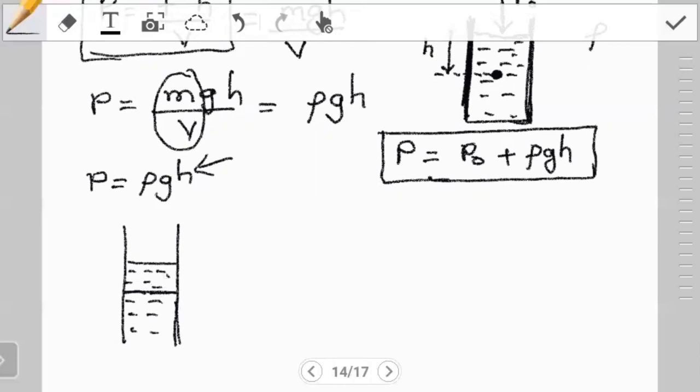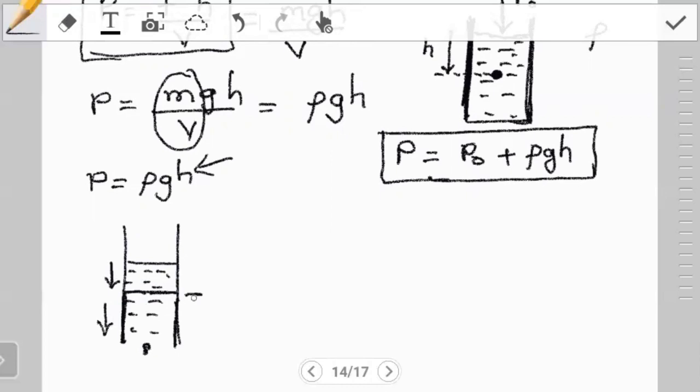So if you wanted to get the pressure at the bottom, somewhere there, due to the two fluids, then if you're just dealing with the fluids, all that you're going to have is the pressure due to the first one and then the pressure due to the second one. These two add up to give the pressure there.